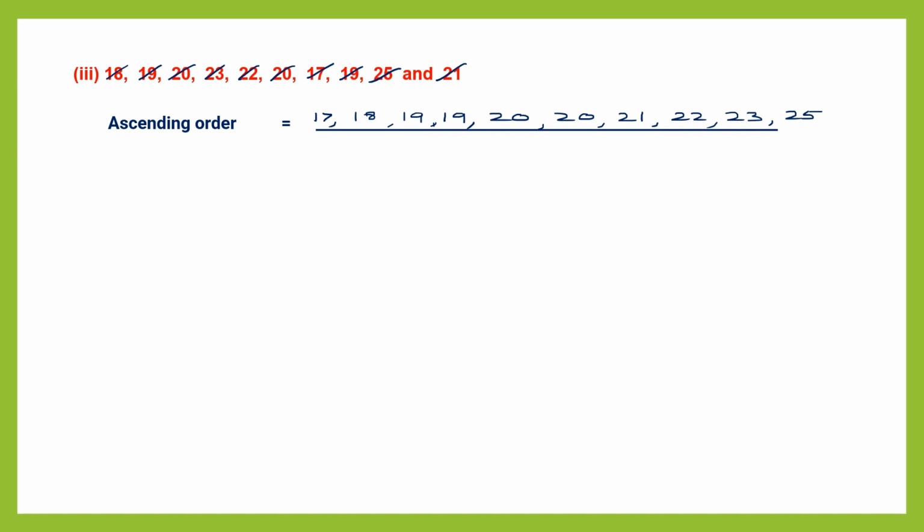Now, what did we do in class 6? In class 6, we started cancelling out numbers from both ends. If we cancel out the two numbers in the middle, we won't have any other number, isn't it? So we have to take both these numbers in the middle, because we have an even count of numbers.